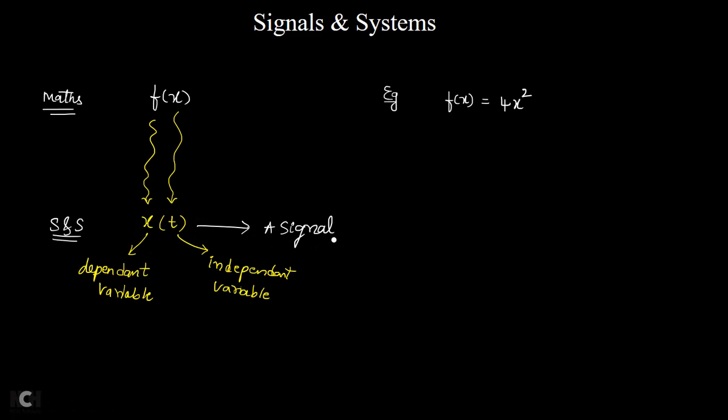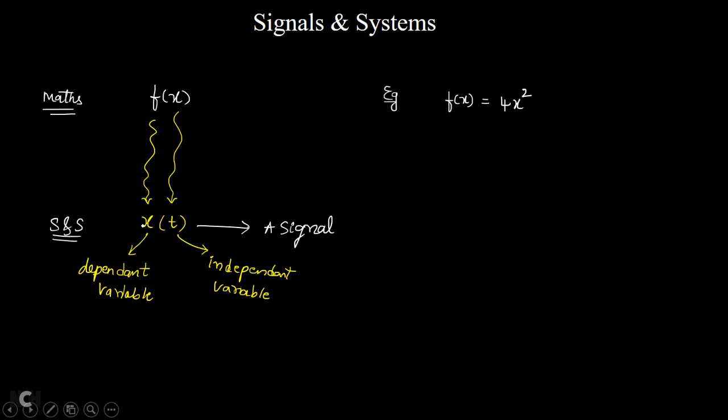Based on this understanding we can define the signal. A signal can be defined as a function of one variable which carries some information. Because if it is not carrying any information, then we do not call it a signal at all.